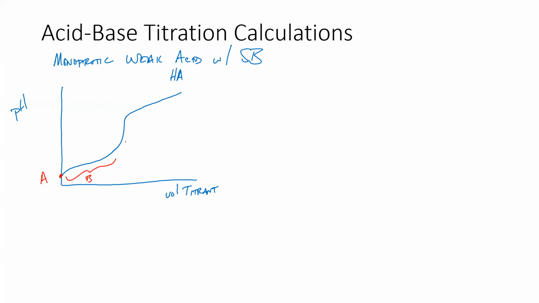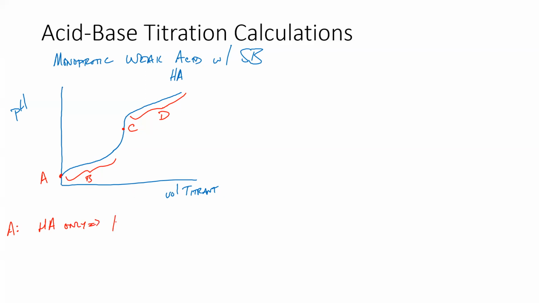Region A, then region B, then our equivalence point C, and then this past equivalence point region D. All right. So at point A, the only thing we have in solution is HA. And in chapter 6 and 9, we talked a lot about how to find the pH of solutions of a weak acid. We know how to do that.